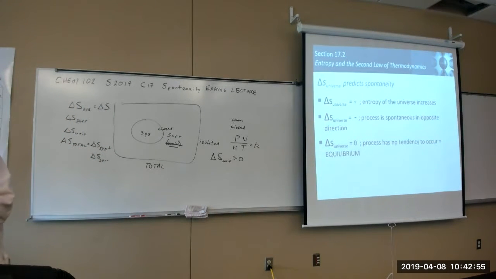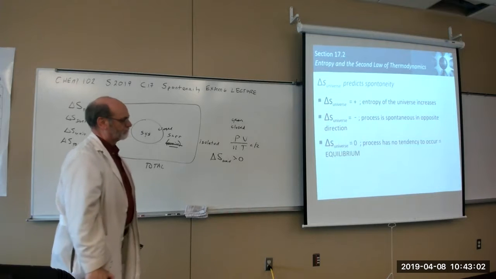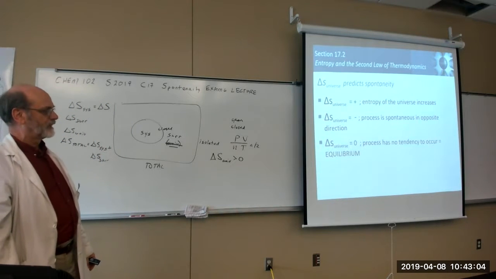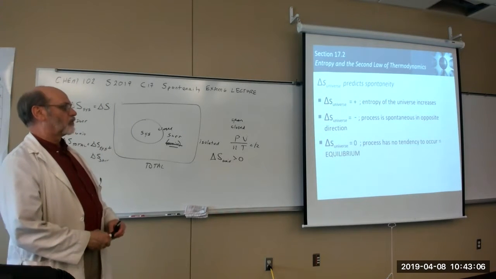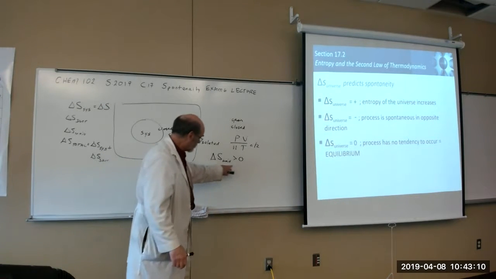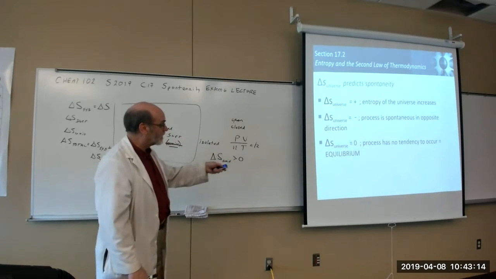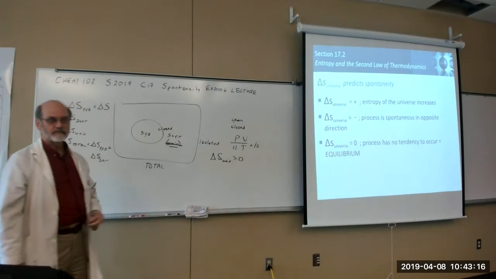So when they're saying universe, they're meaning your box right there. Not really the universe, but a controlled, isolated box around the system we're studying. When we say this right here, we do mean the universe. But when we say that, we're talking about total.